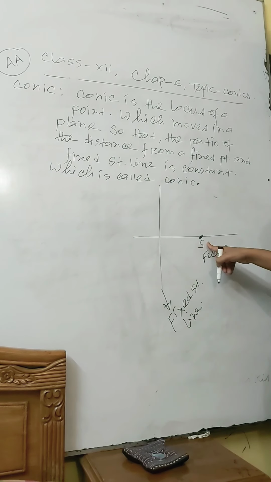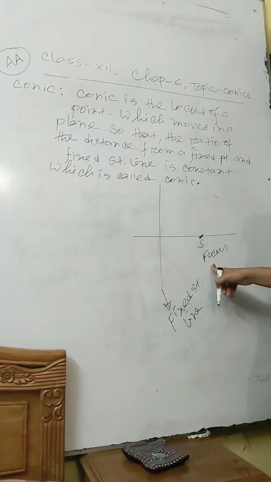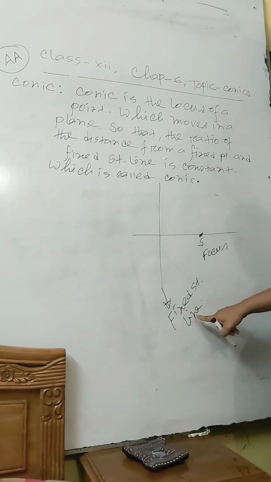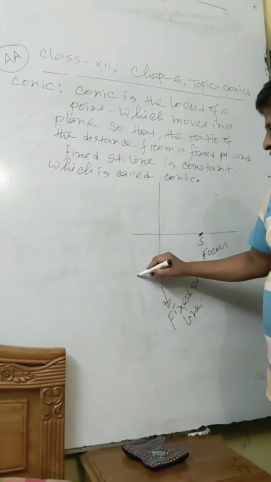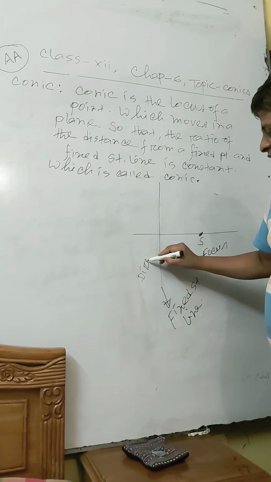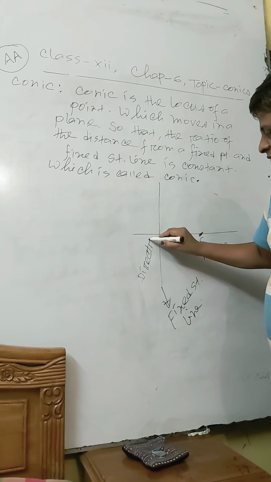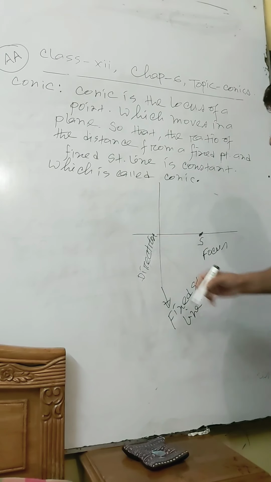This is the fixed straight line, which is known as directrix.